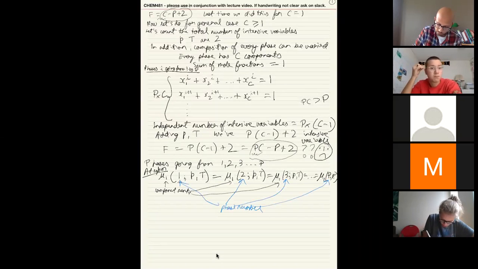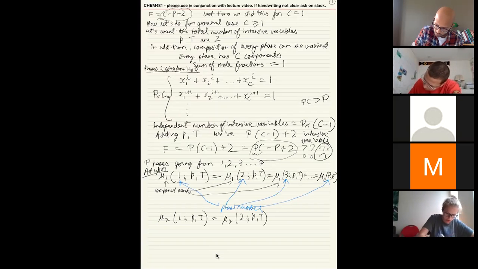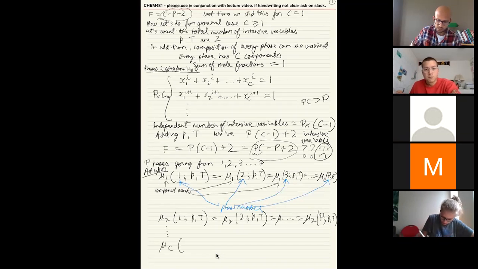We could write the same thing for component number 2. Mu2 in phase number 1, p, T is equal to mu2 in phase number 2 at that pressure and temperature is equal to dot, dot, dot, mu2 in phase number capital P at that pressure and temperature. And finally, this we can write down for the Cth component as well.